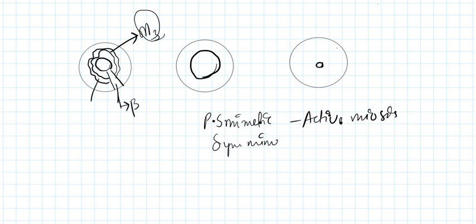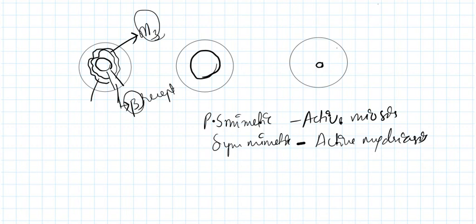Now sympathomimetic, that is adrenergic drugs, they cause active mydriasis. How? Can anyone tell? They cause active mydriasis by beta receptor activation. So beta receptors get activated, leading to constriction of radial fibers.